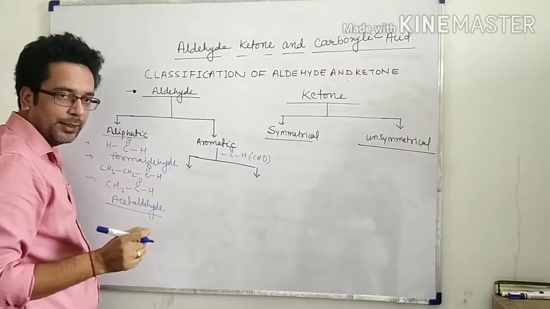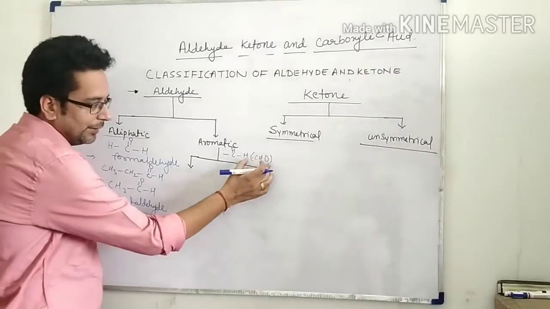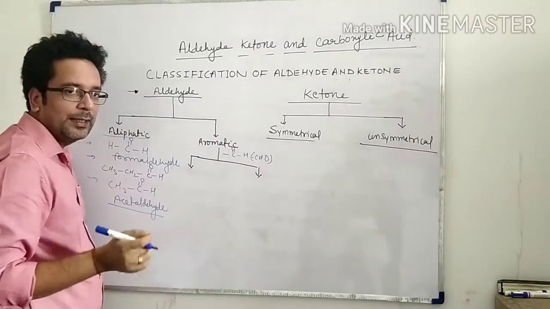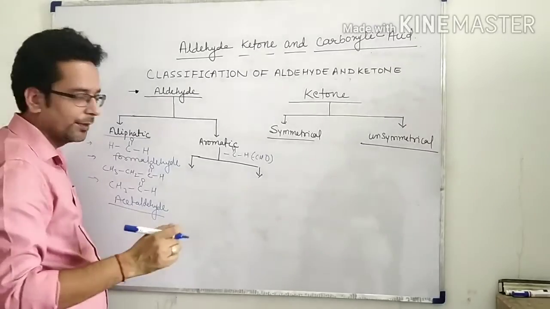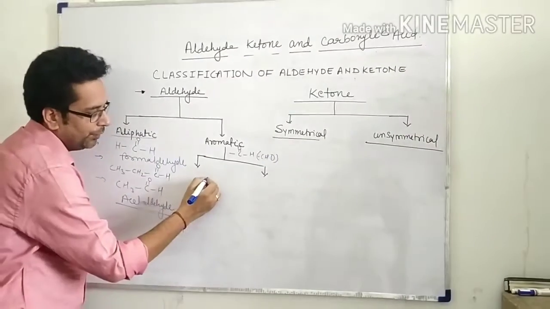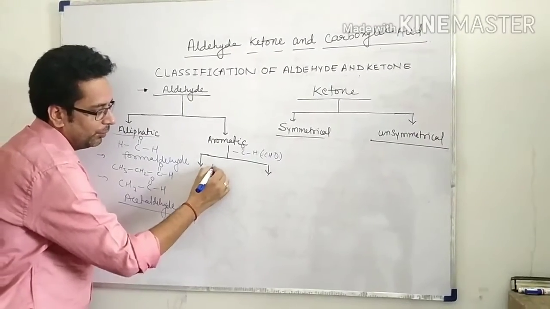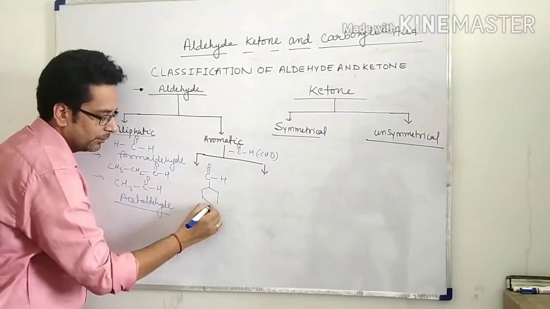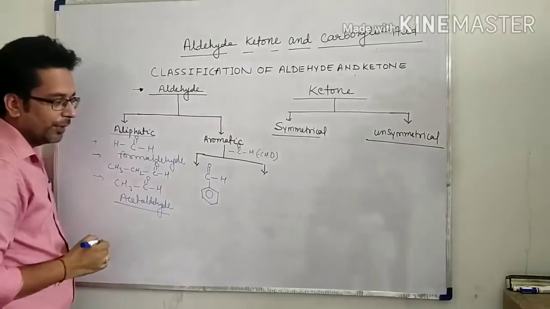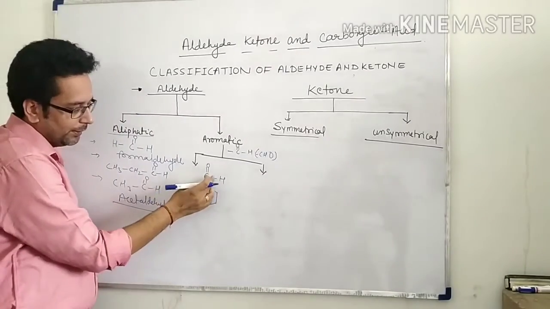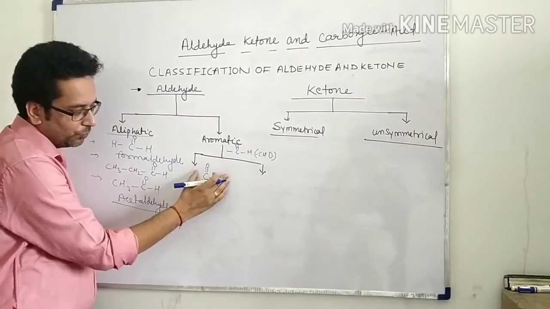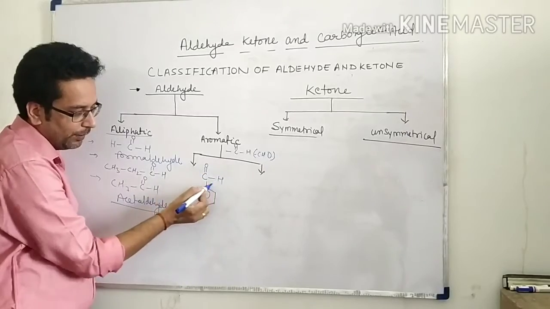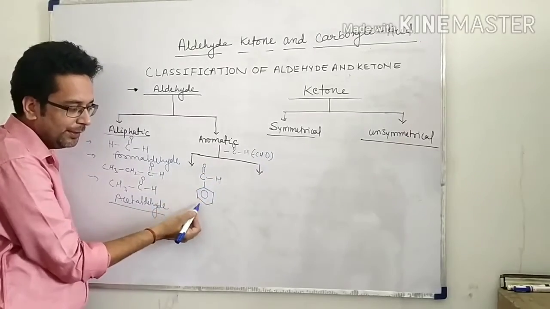In the first category, the CHO group is directly attached with the benzene ring. For example, look here, C double bond O H. In this case the CHO group, that is this aldehydic group, is directly attached with this benzene ring.